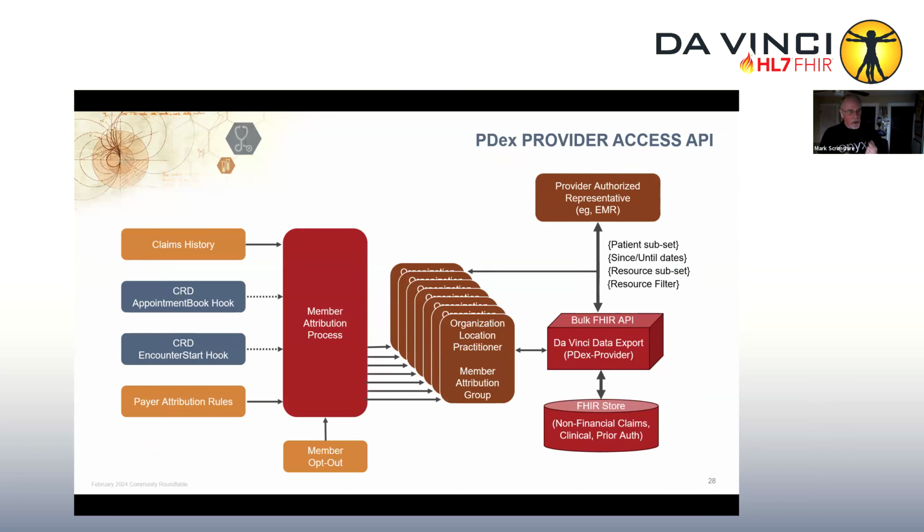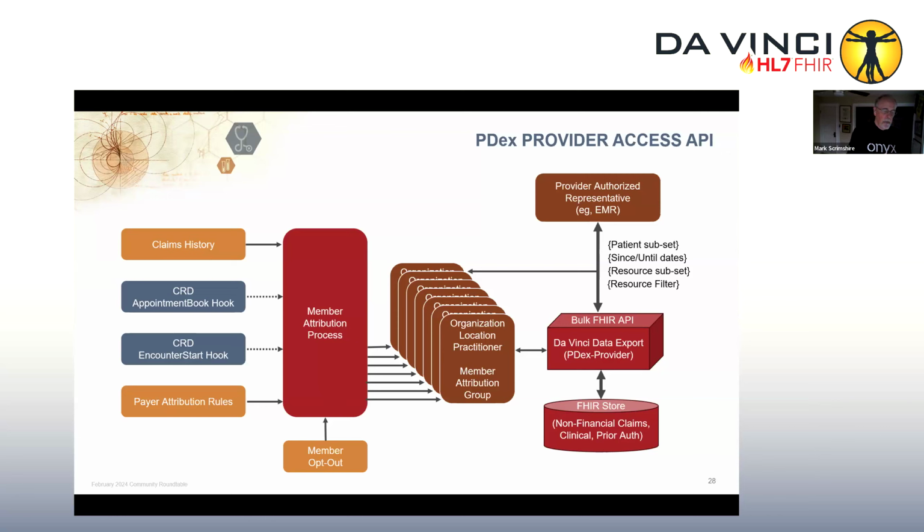So the attribution list. A payer will have their own rules about how they manage those attribution lists. Where will they get the data from? Basically, from claims history is the most likely starting point. There'll also be the option for members to opt out of any data sharing with providers.